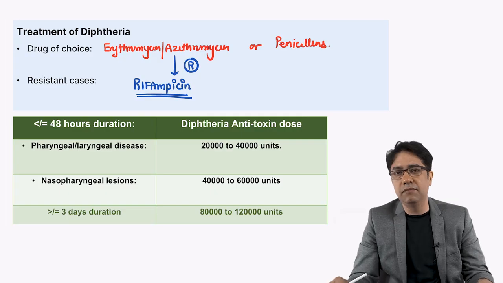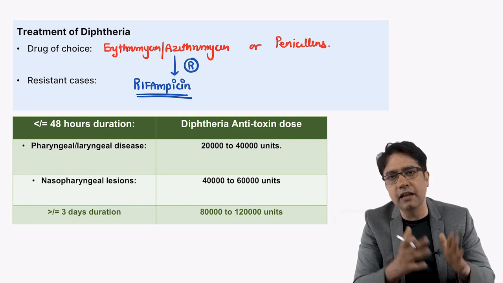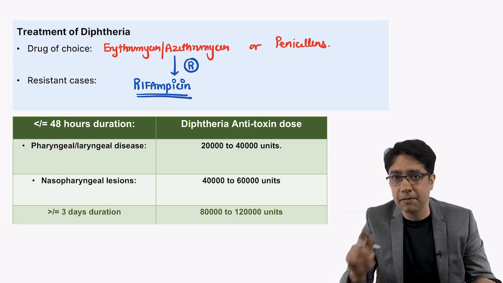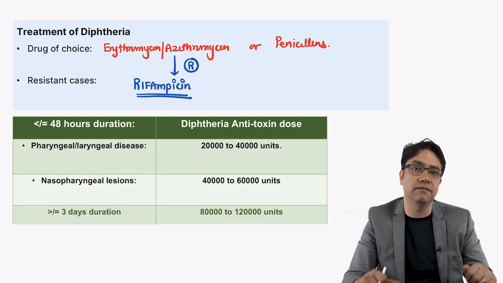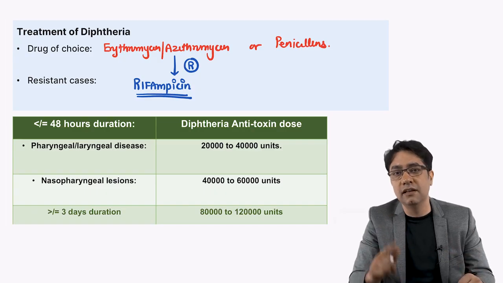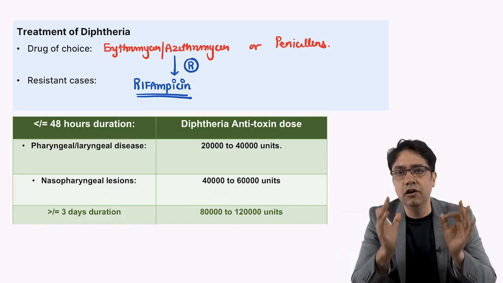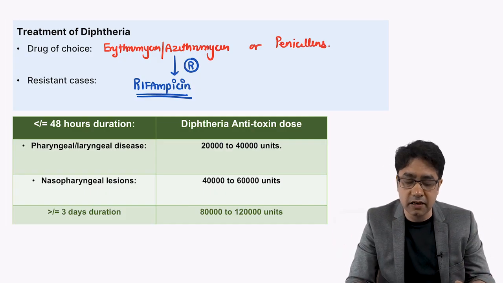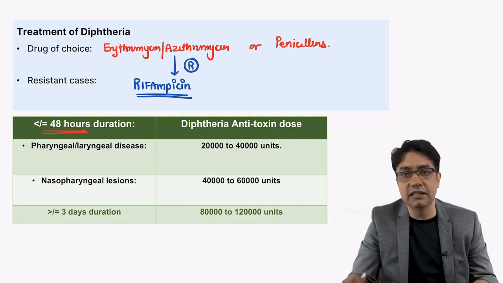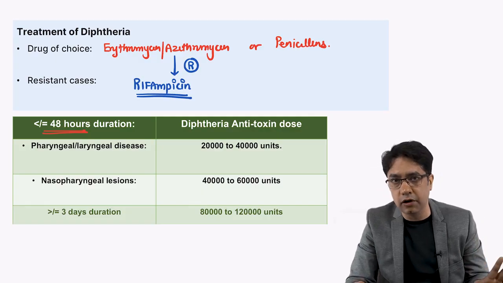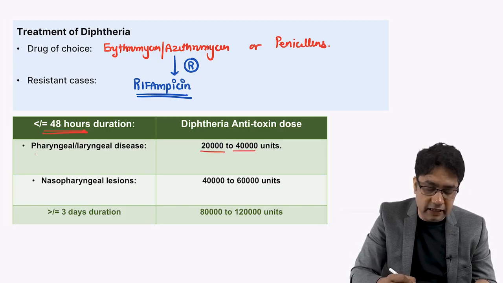But in diphtheria, the main cause of death is not bacteria. We should kill bacteria by this antibiotic, but the main cause of death is that diphtheria bacteria produces a toxin. This toxin spreads. That is why in emergency cases, we have to give antitoxin to neutralize diphtheria toxin. So this is the dose of diphtheria antitoxin. If the disease is less than 2 days old, we can give 20,000 to 40,000 units of antitoxin.